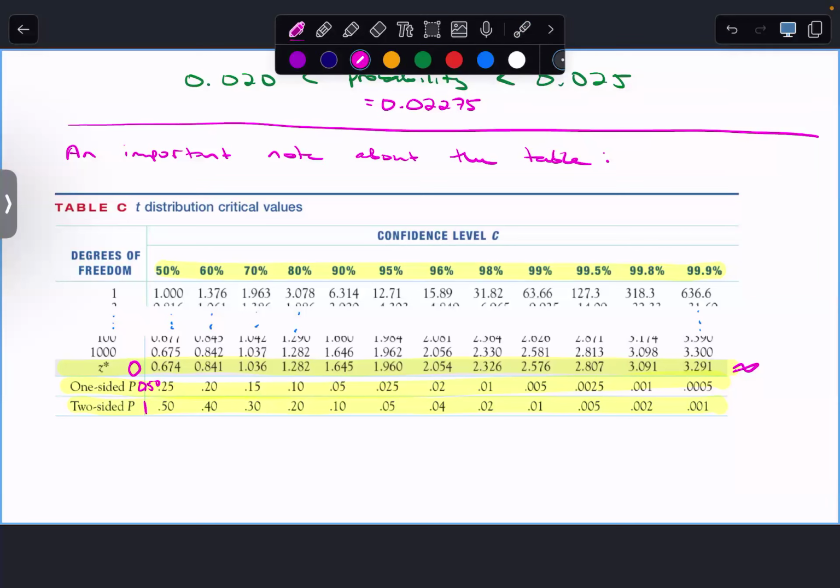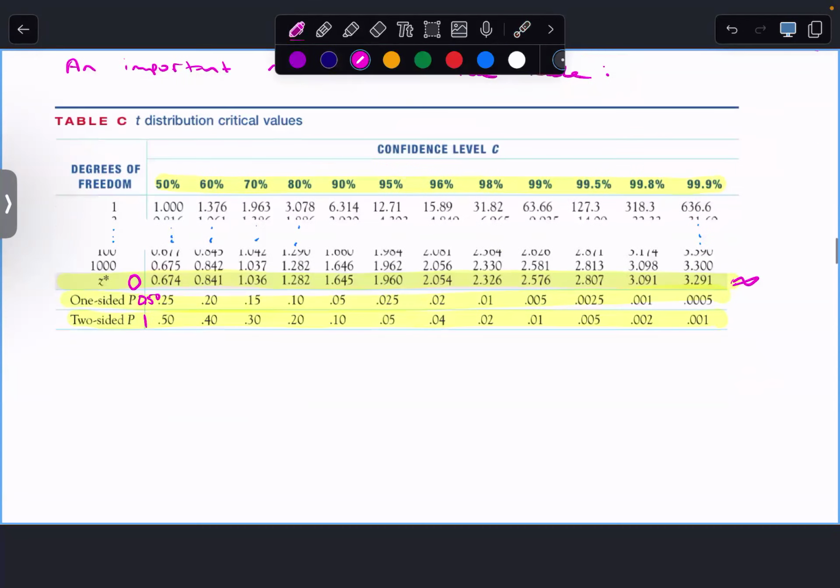But I often get frantic questions: Emily, I found a Z score of 12. I don't know what to do here. That can happen. Unlikely, because the probability is so small, but it can happen. But 12 is somewhere between 3.291 and infinity. So what's the area at infinity? The area in one of the tails, this is where it gets weird, is 0 at infinity.